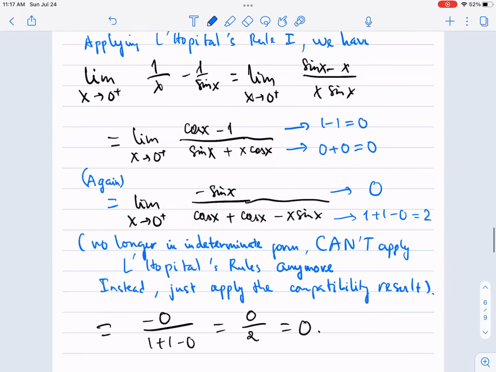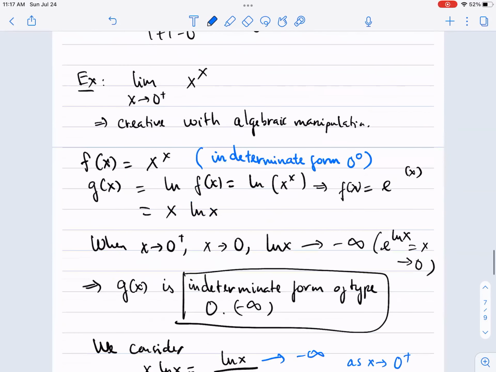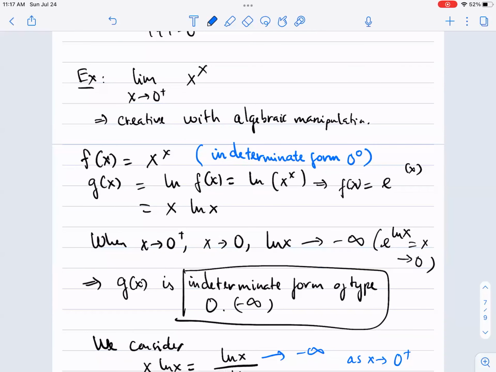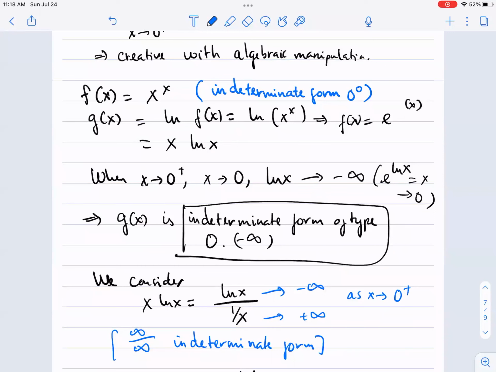So in this example, the algebraic manipulation is quite simple. Now, in the next example, the algebraic manipulation is a little bit more involved. Here we consider the function x to the x when x approaching 0 plus. We have to be creative with algebraic manipulation in a sense. So let f of x be the function x to the x.